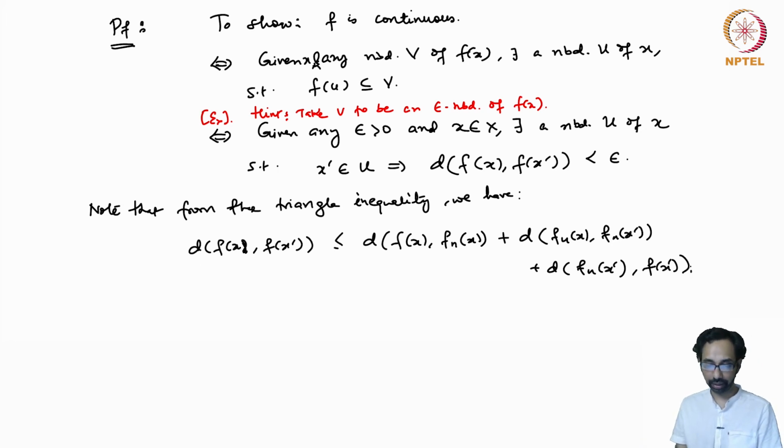So we are splitting this distance into three parts and using the triangle inequality twice to get this inequality, and this holds for all n, because the point is arbitrary.